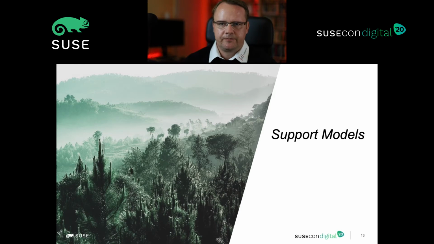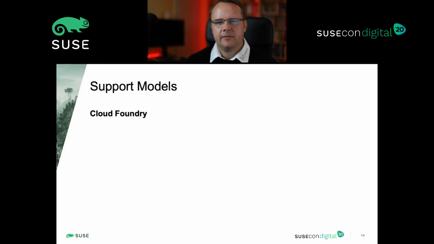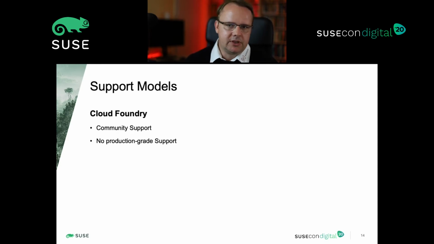Now let's have a look at support models, because you want to run your workloads in a productive environment. So you should have support for that, right? Let's again have a look at Cloud Foundry. Cloud Foundry is a community-driven project, and as such, it just provides you with community support. So the community is definitely awesome. It definitely helps you.